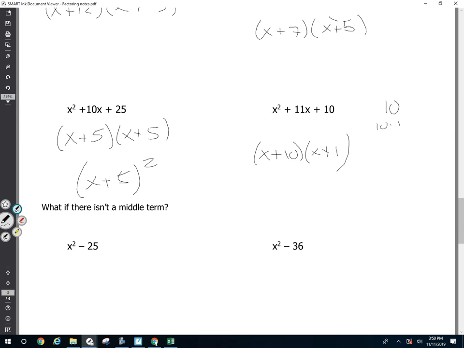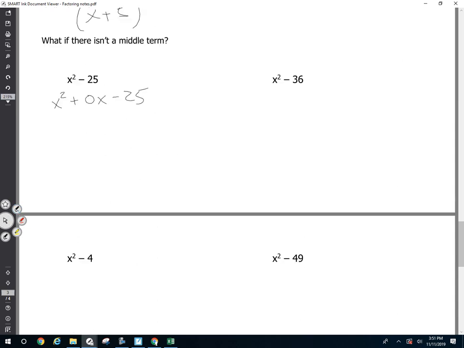What happens if there's no middle term? Well, you could, though you won't do it moving forward, rewrite it so that there is a middle term. Plus 0x. It's still an x squared plus an x plus a number.